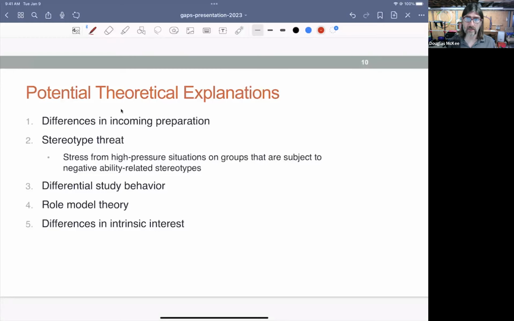Another possibility is that it's stereotype threat. So stereotype threat is a theory from psychology that when a group is associated with negative stereotypes, and they're in a high pressure situation, they're thinking, I'm representing my group, maybe other people are right, I don't know.